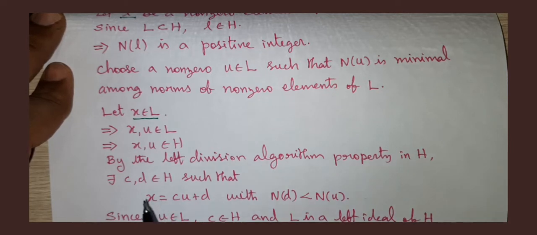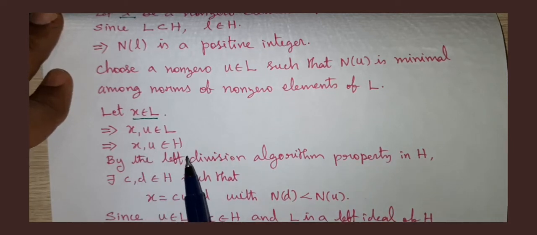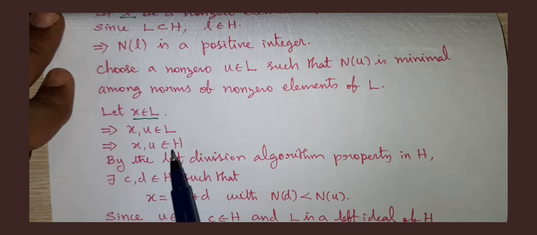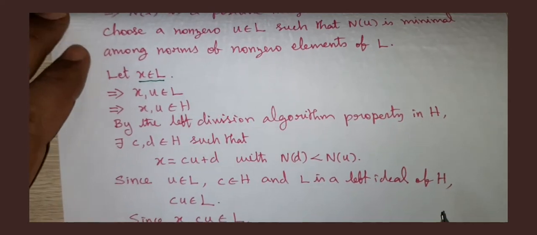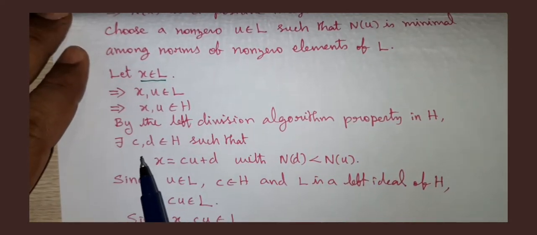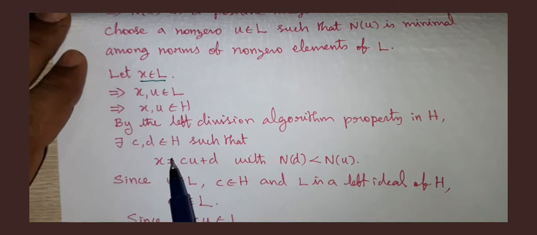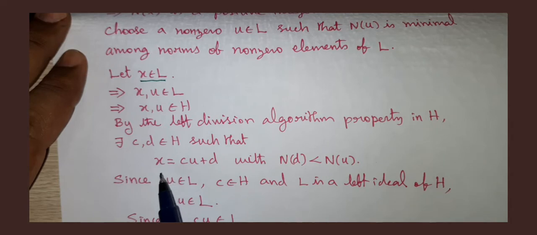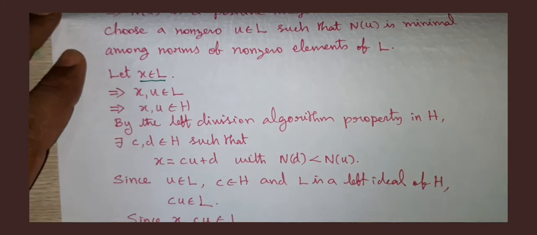It says if you have two elements in H, here the elements are X and U, then we can always find another pair of elements C, D which is also in H such that X can be written as Cu plus D with the condition that n of D is less than n of U.